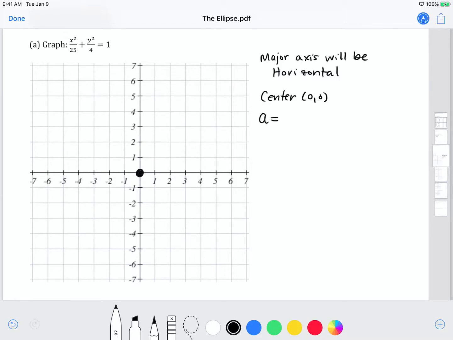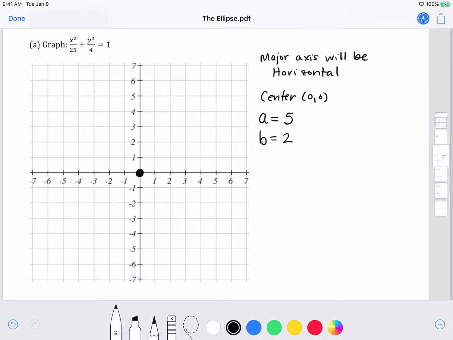My A is going to be 5 because A squared is 25. My B is going to be 2 because my B squared is 4. Since I know the major axis runs horizontally, then I know that I'm going to come out 5 in either direction horizontally from the center to find my major vertices.